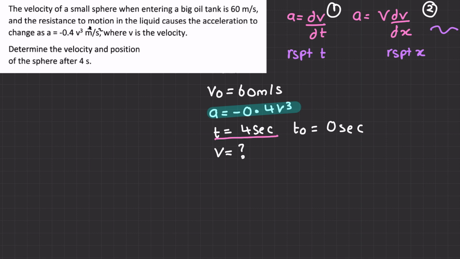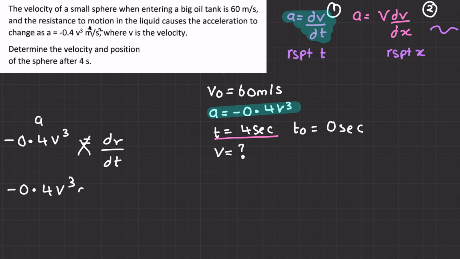Now I've identified the one we're going to use. We'll go ahead with our integration. We'll do minus 0.4 v cubed, which is our a, equals dv over dt. Now remember that we're meant to try and put like terms together. And right now, like terms aren't together because we have dt and v here.